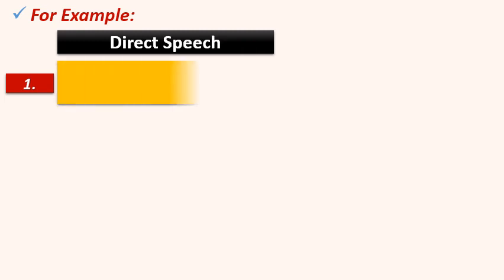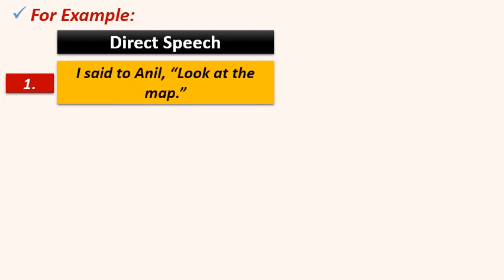So now let us see some examples to clarify how to change imperative sentences from direct to indirect speech. First one is, I said to Anil, "Look at the map."